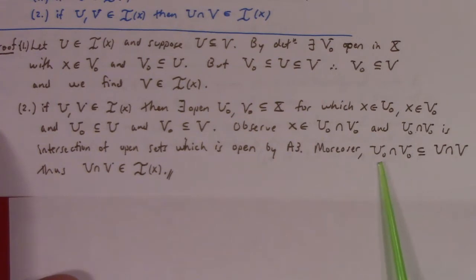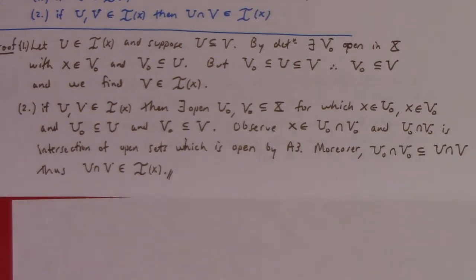Moreover, the intersection of two subsets is a subset of the intersection by set theory, and consequently that shows U intersect V is itself a neighborhood of X because it contains an open set which contains the point X. All right, so there it is.